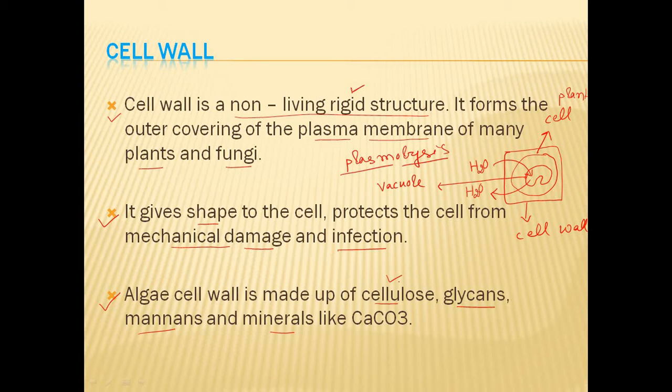Glycan is a polysaccharide, a polymer of galactose. Here I am writing it: polymer of galactose. Galactose is also a storage polysaccharide, but these are plant storage polysaccharides. Mannans is a linear polymer of mannose.